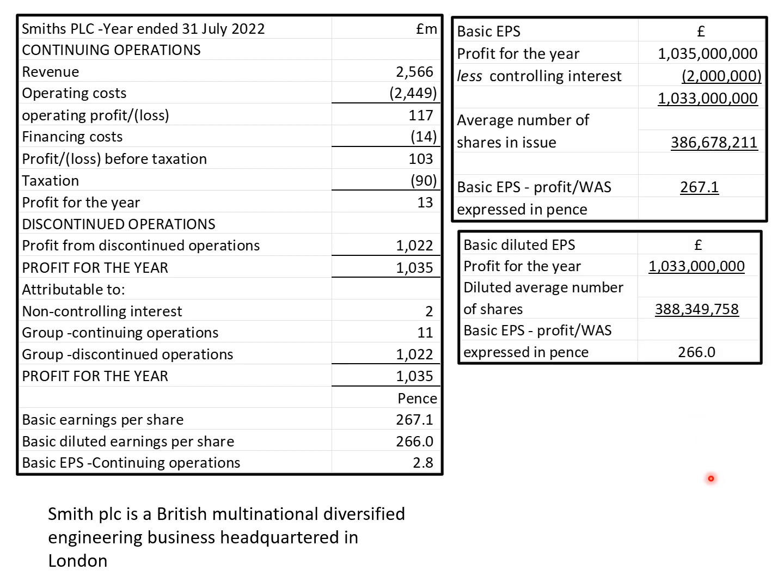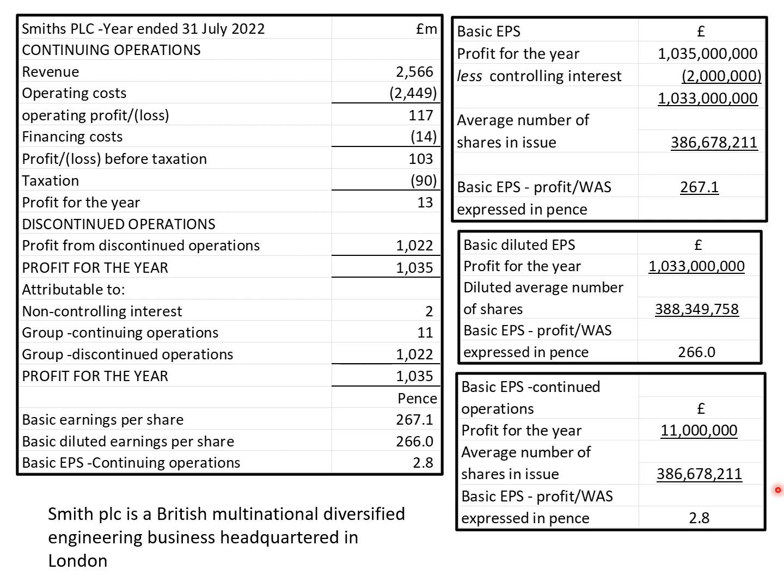We also have the basic diluted EPS. The number that has changed here is the diluted average number of shares, which has increased to 388,349,758 shares, and you can then have the basic diluted EPS, which is 266 pence per share.